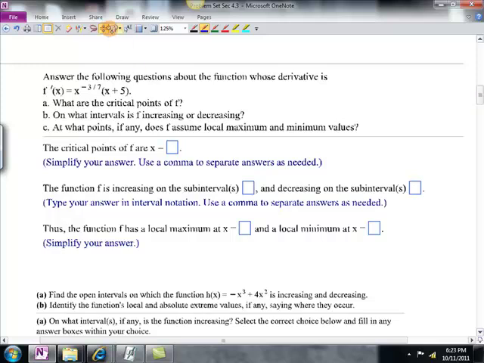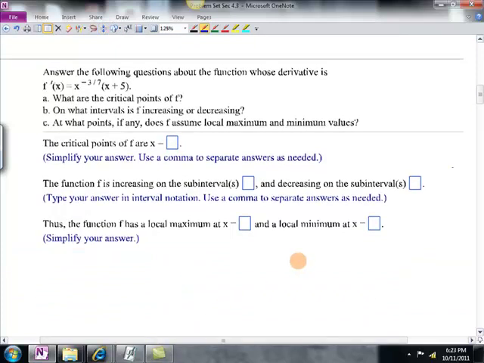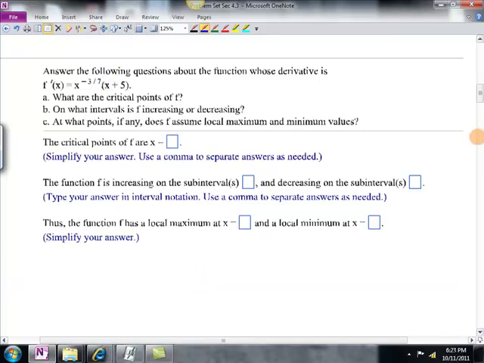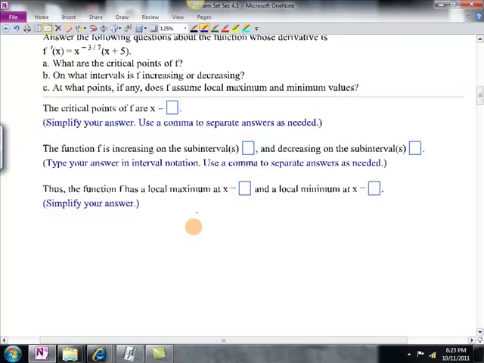Same idea on this one. And really, I maybe just didn't look when I picked this one. It's very similar. All right, it gave you the derivative. So we have f prime is equal to x to the -3/7 times x plus 5. What does that tell me about the critical points?